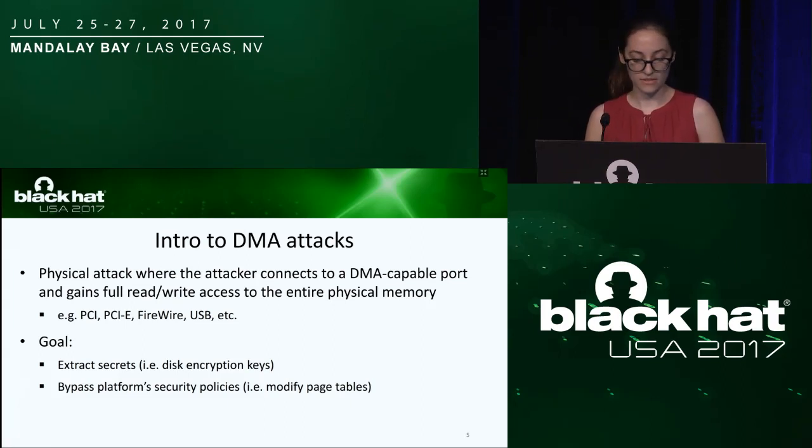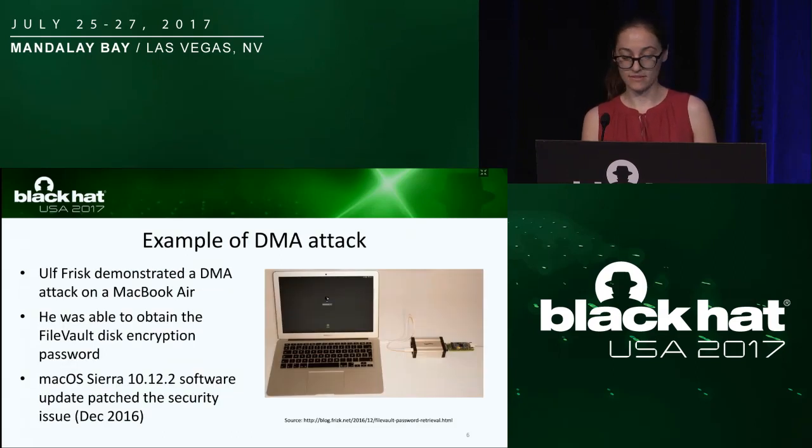An example of that would be to modify the page tables so that an application that was running at ring 3 permissions is now running as ring 0. And an example of an actual DMA attack is one that was presented or disclosed by Ulf Frisk in 2016 on a MacBook Air.